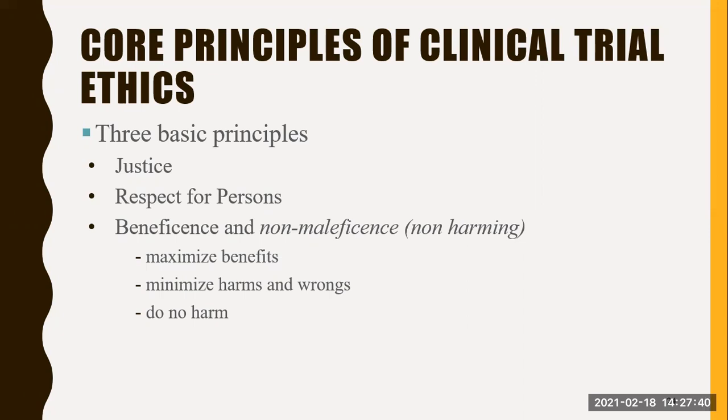They should maximize the benefits to the individuals who are participating. Then also we should minimize the harms associated with the clinical trials, and we should avoid any wrongdoings, and we should not harm the individuals who participate in the clinical trials.